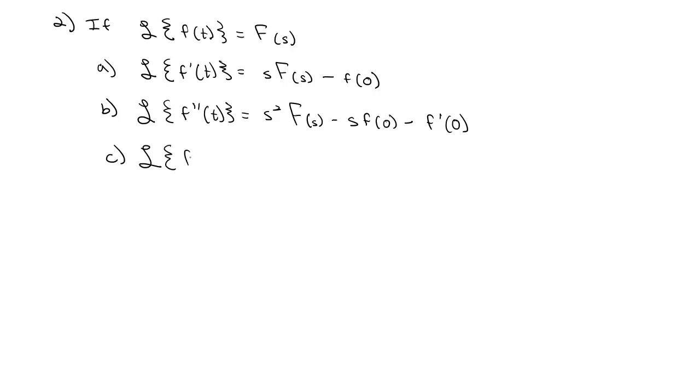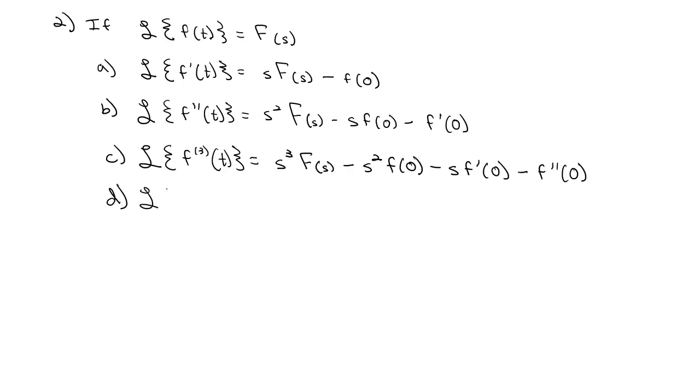If we were to do the Laplace transform of the third derivative of f of t, notice the exponent matches the derivative, so it would be s cubed times F of s minus, and then the exponent starts counting down, s squared times f of 0, and then the derivatives start counting up, s to the first times f prime of 0 minus f prime prime of 0.